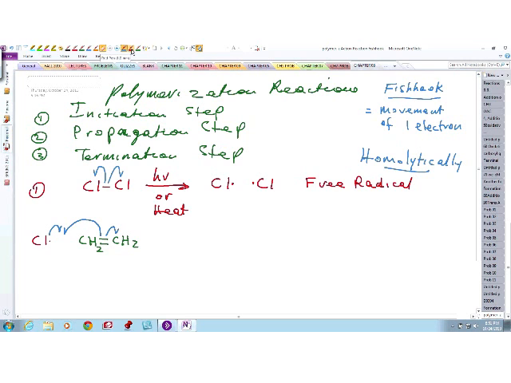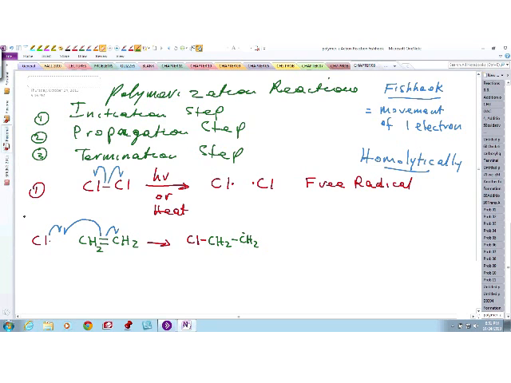So we have this. We now form another free radical on this carbon.